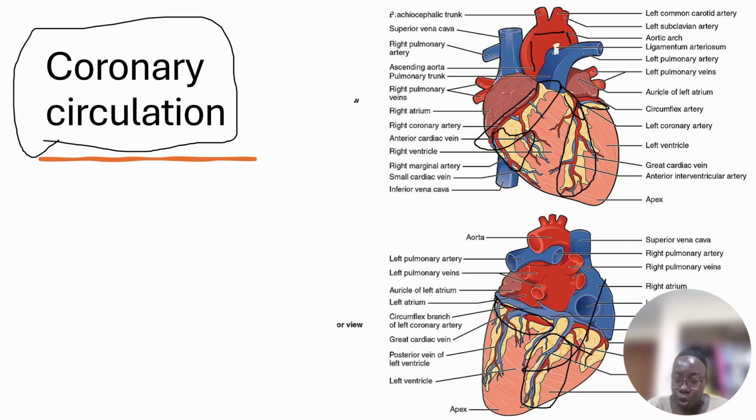All three of those veins are going to drain back here into the coronary sinus, and through the coronary sinus into the right atrium, so that it can replenish, get blood, and go back all over again.